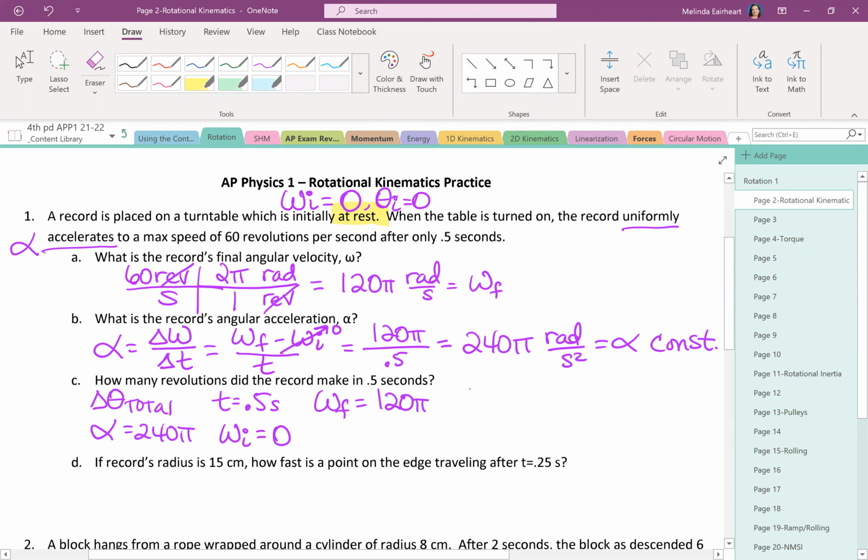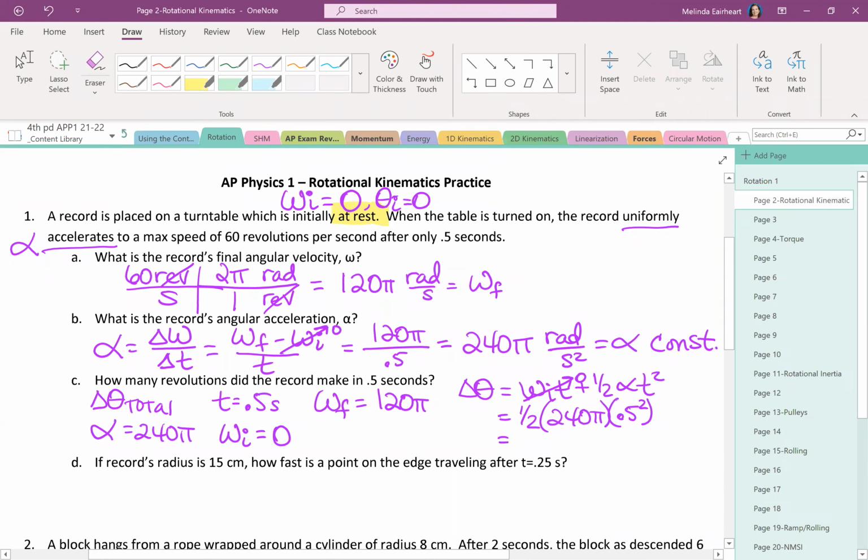The second one, I'm assuming you meant this one. Okay. So bear with me here. And so this omega t cancels out, and we're left with 1/2 times 240 pi times 0.5 squared.